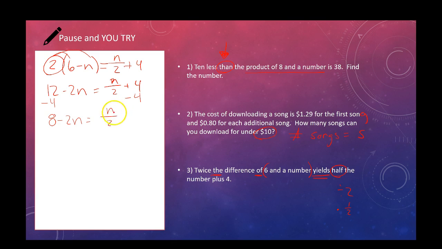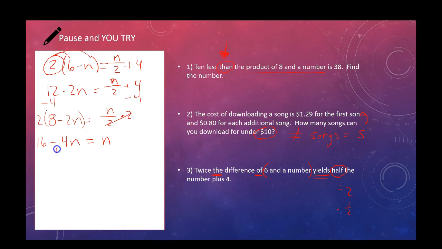Now I'm going to get rid of this fraction, n divided by 2, by multiplying by 2. But then I'm going to multiply this whole side by 2 as well. That's going to pull the n on the right side out of the fraction, which is what I want. This is going to give me 16 minus 4n.